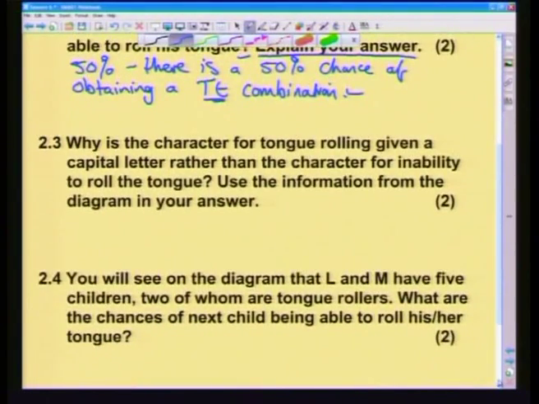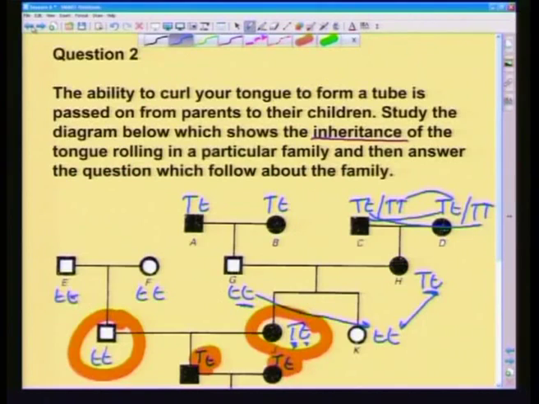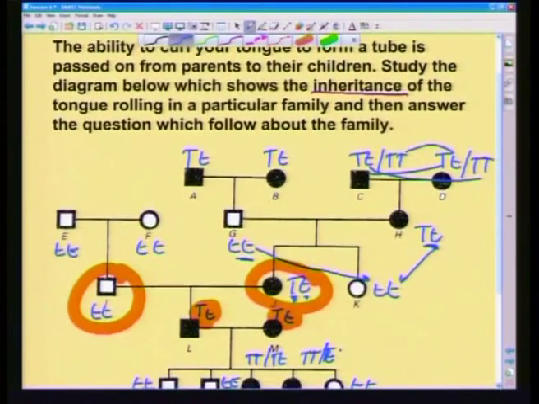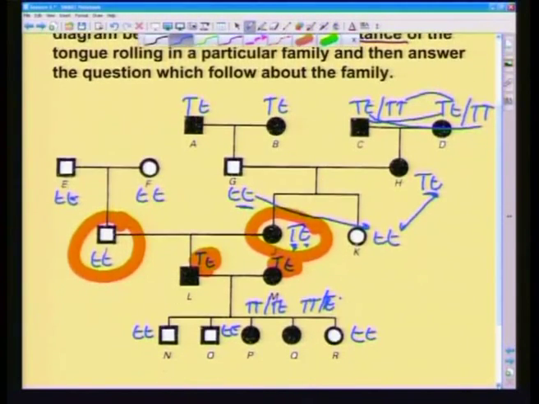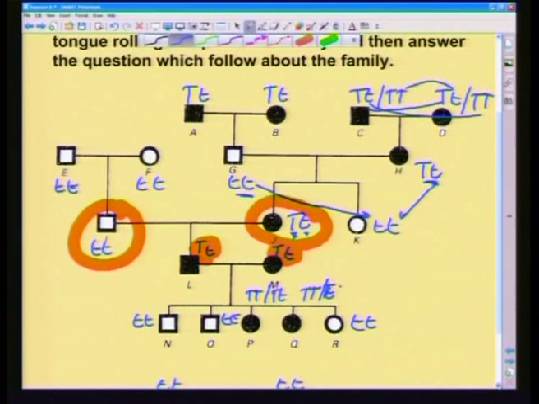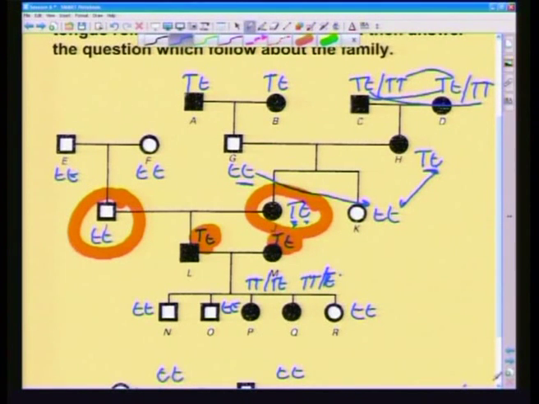Why is the character for tongue rolling given a capital letter rather than the character for the inability to roll the tongue? Use the information from your diagram to answer your question. Now, our diagram was one back. All we have to do is look at this diagram here. Apart from the fact that you can't say, well, the key says so.